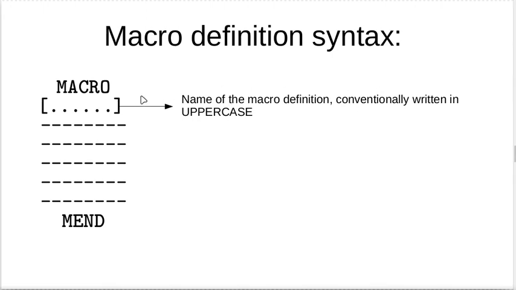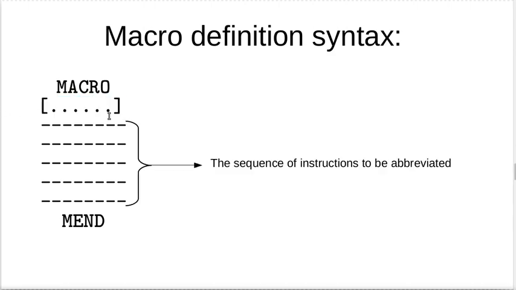Once we are done with the naming of the macro, please note that these brackets won't be there. We will come to an example where you can understand it better, but this is the general syntax and we have used a bracket for the name. Then once we have started the definition using the pseudo op and named the macro, we will move forward and simply put down the sequence of instructions that needs to be abbreviated, right?